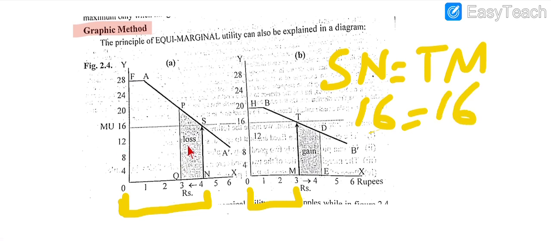Now you change the point. For example, you decrease 1 unit of A, you are now going to spend 3 units of apple and 4 units of banana. What will be the case?